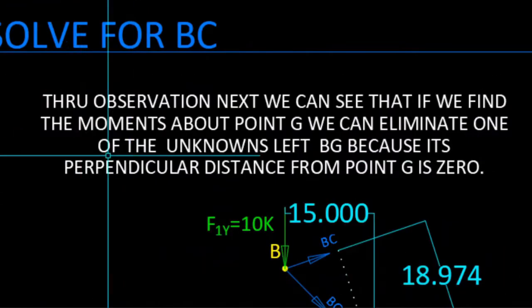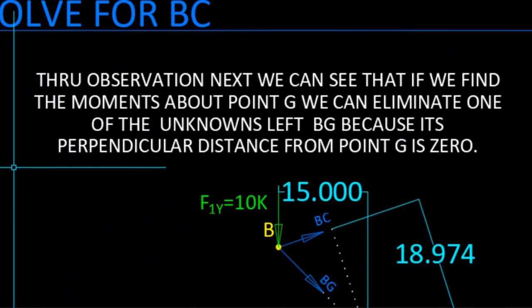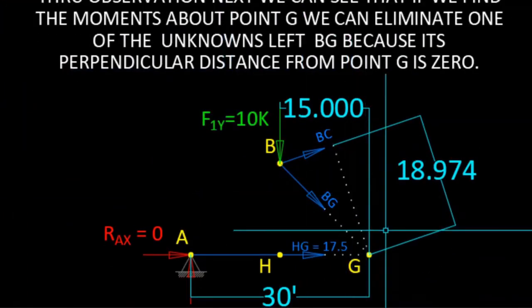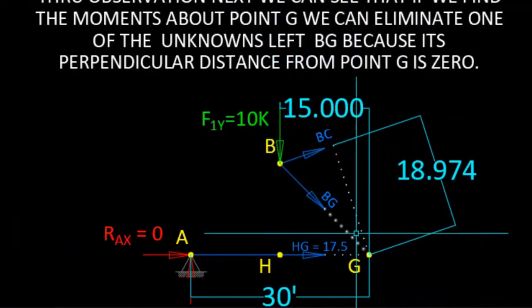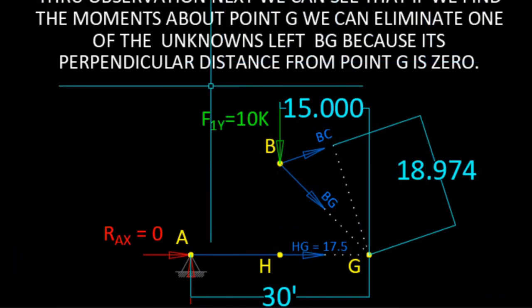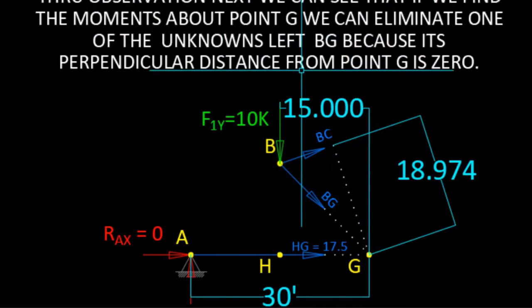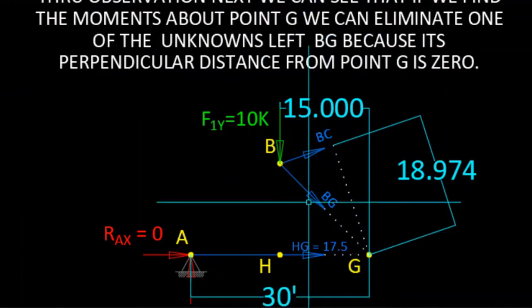Next, once again, through observation, we can see that if we find the moments about point G, we can eliminate one of the unknowns left, BG, because BG's perpendicular distance from point G is 0.